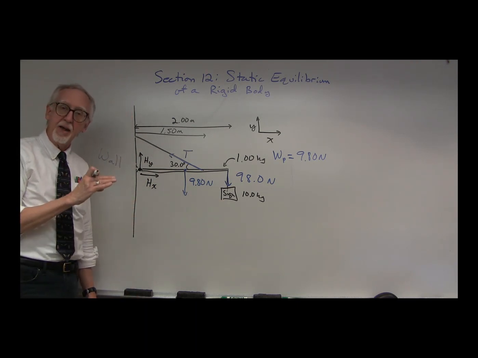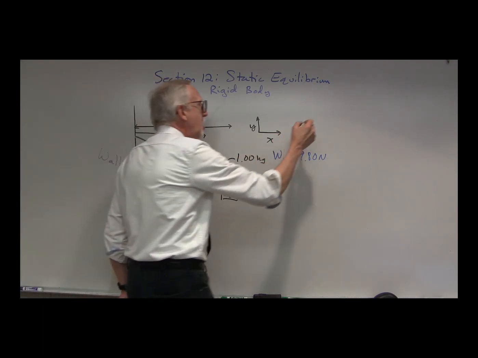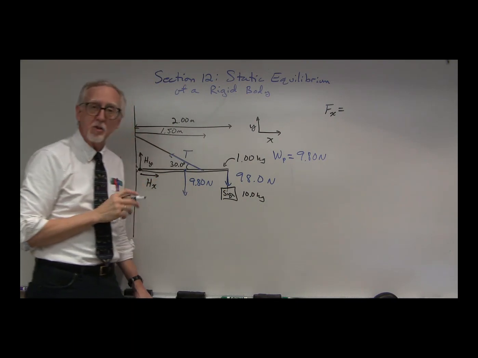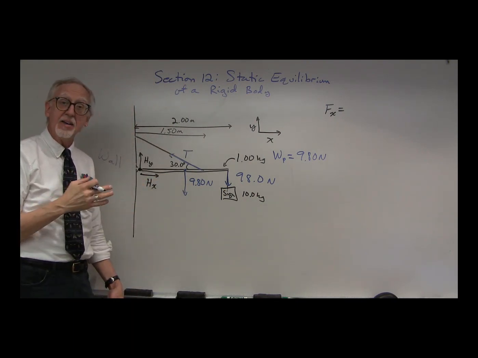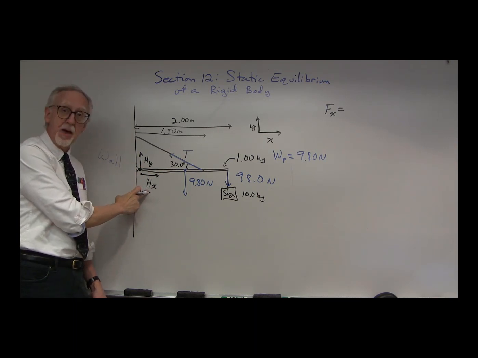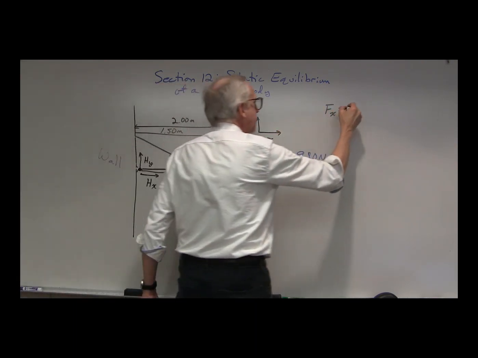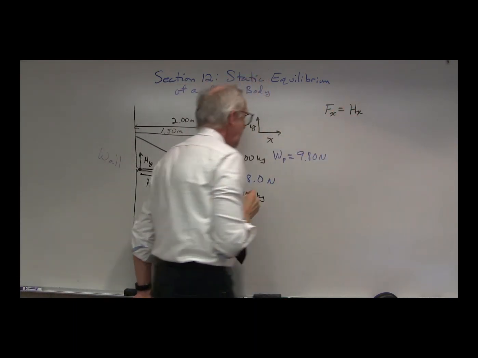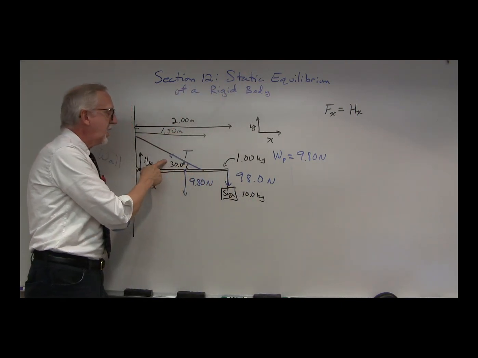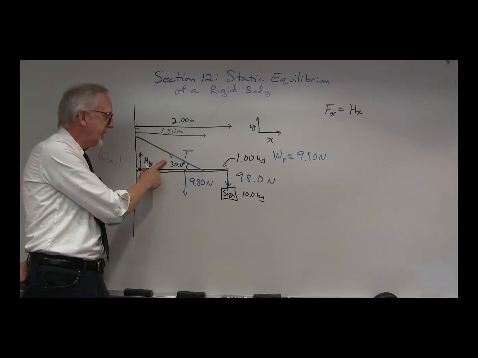Now, let's look at the net force. What do we have? What is the net force acting on the pole in the x direction? What forces do we have acting in the x direction horizontally? Well, obviously there's h sub x, so we'll have h sub x. And then what else? Well, not the weight of the pole, not the weight of the sign. The tension. The tension is going to have an x component.